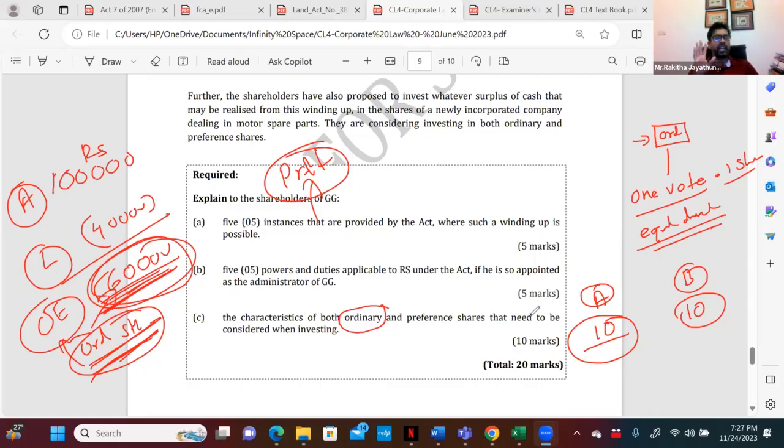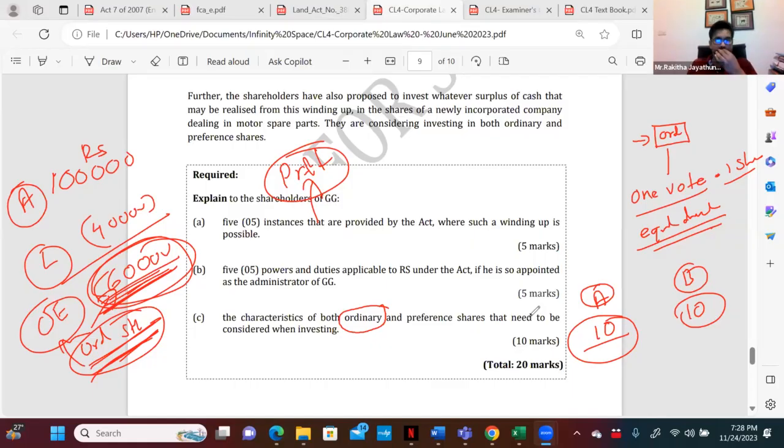Likewise, there are different types. Therefore, at the time of issuance, the company will specify these are the terms of the preference shares that you're going to purchase. They will say this is your fixed dividend and these are the other rights that you have. So normally that will be disclosed at the time of issuance.